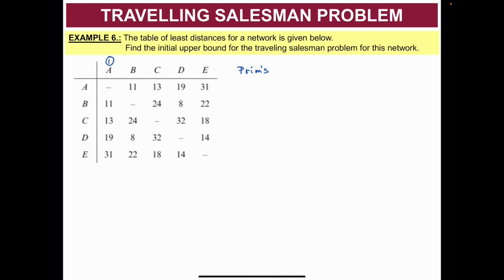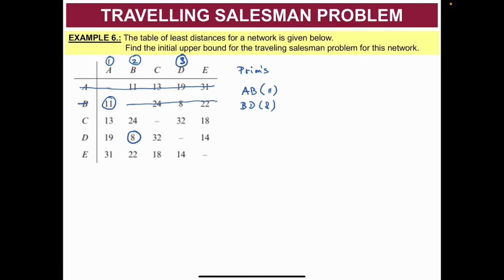The smallest number in this column is 11, and I'm cancelling the A. So B would be, this is AB, is 11. B was my second one, so I'm checking A and B columns. The smallest number is 8, so that means BD is 8, so that will become my number 3, but B would be cancelled now.